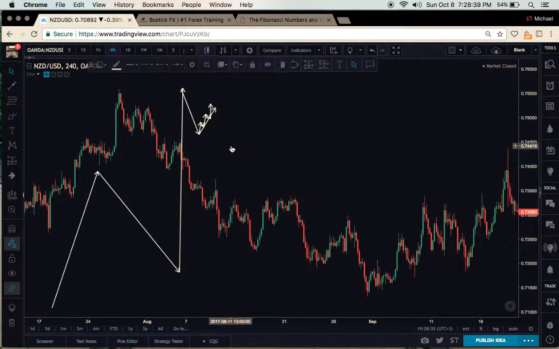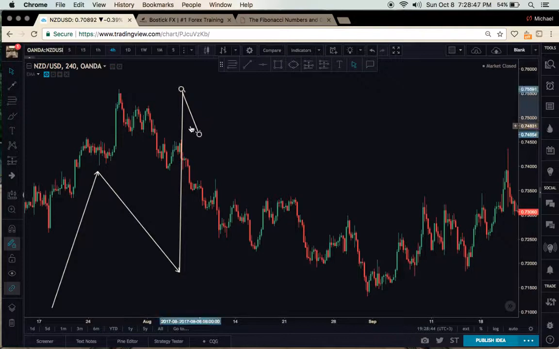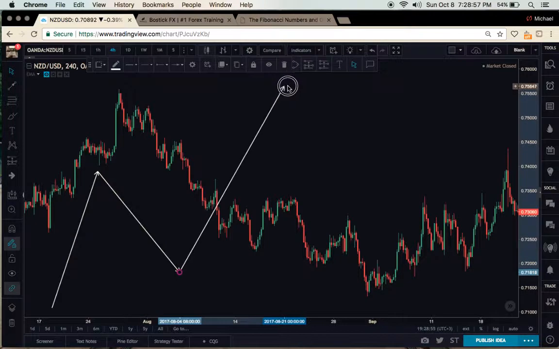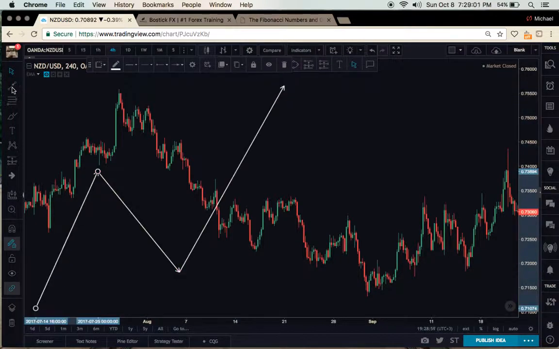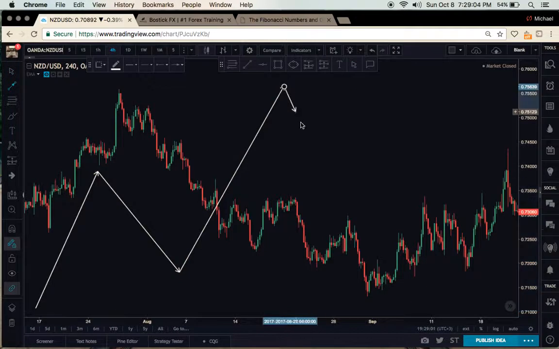So let's say your bigger picture is the daily chart. What you want to do is pick 3 or 4 major time frames to use. So you're going to use the daily as your bigger picture. Here's your daily trend, okay? Make an uptrend, and then on your daily chart, it starts to retrace.